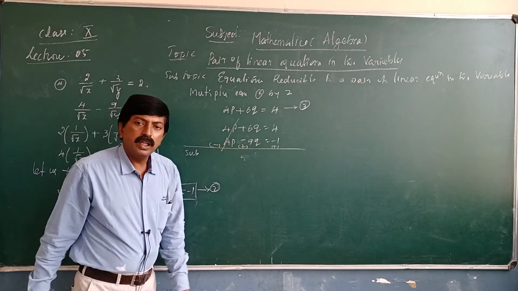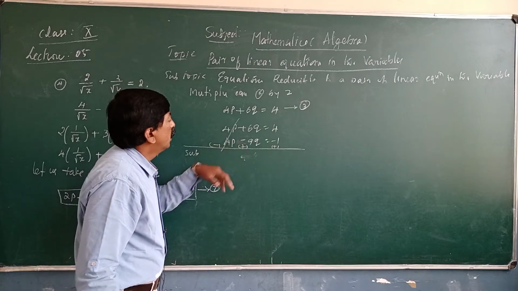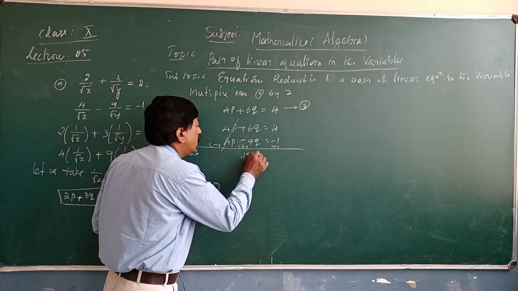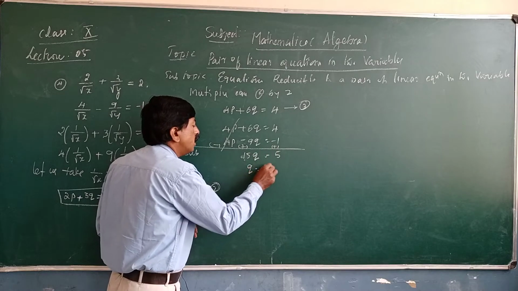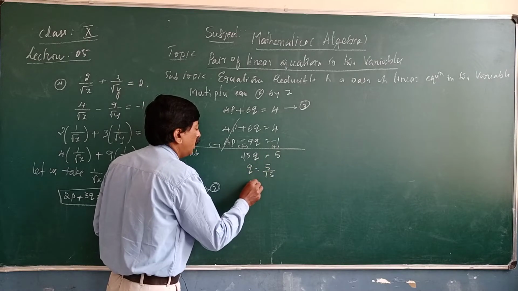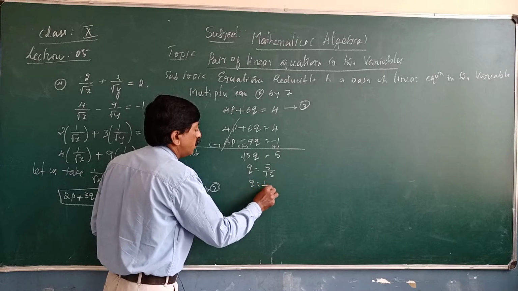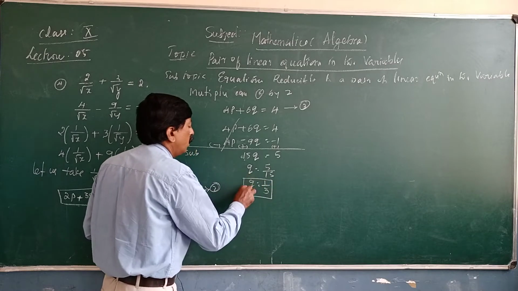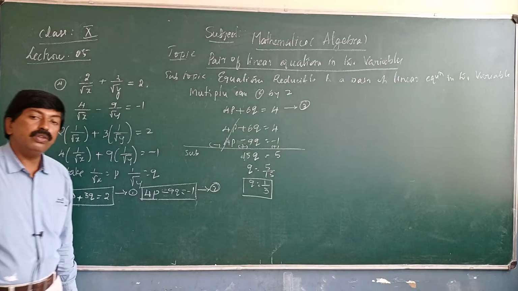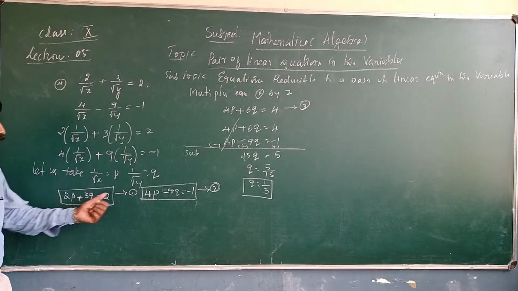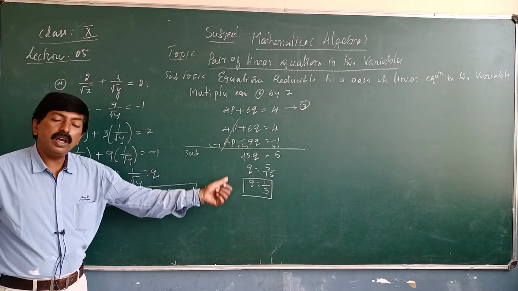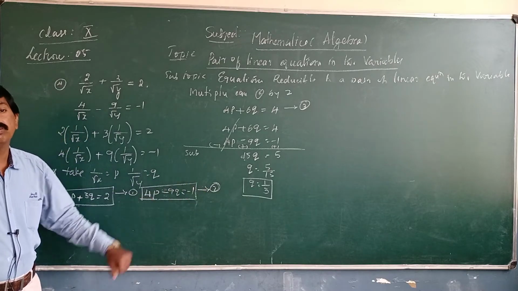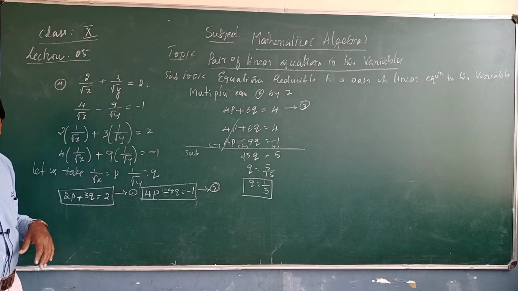So what is the sum of these two? Yes, it is 15q is equal to 5. Now q is equal to 5 by 15. 5 ones are 5, 5 threes are 15. We got q value is 1 by 3. If instead of plus you have written minus, the entire value is wrong. So you can observe carefully like this.